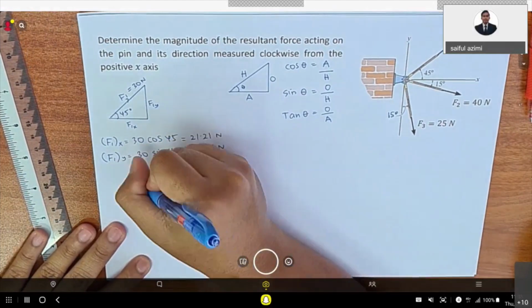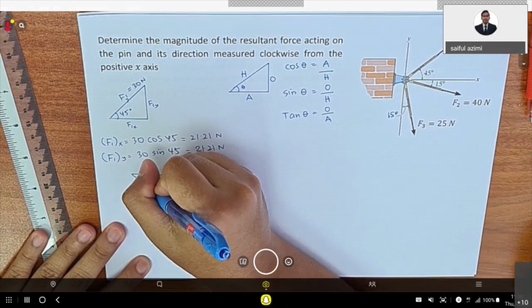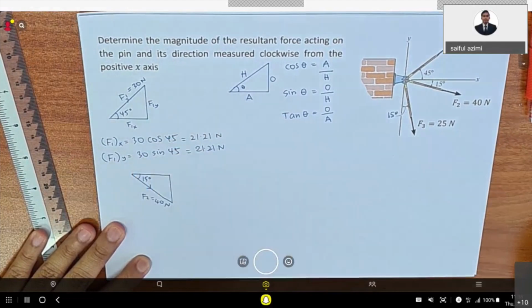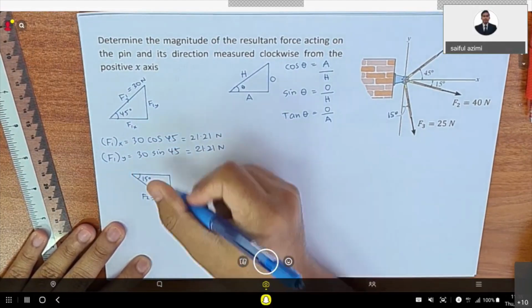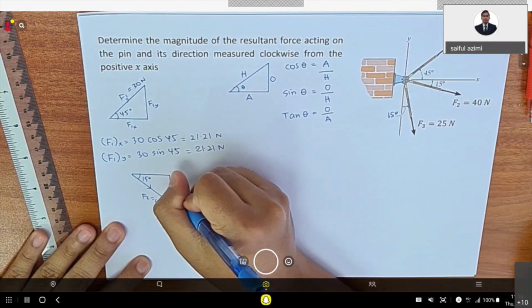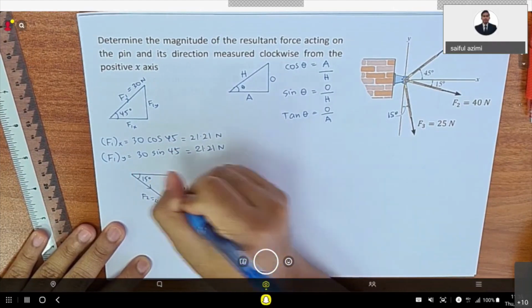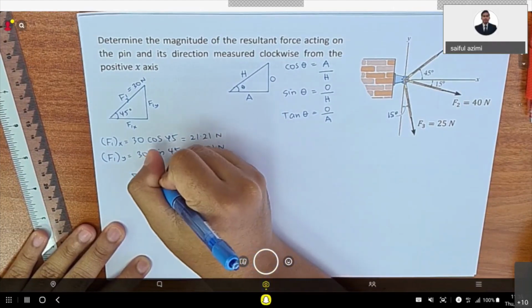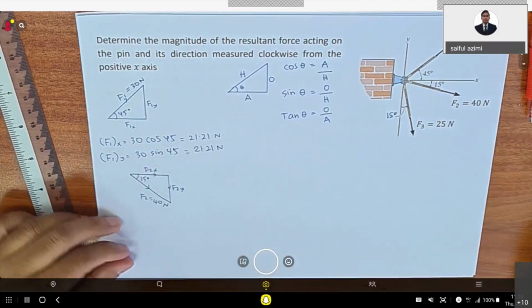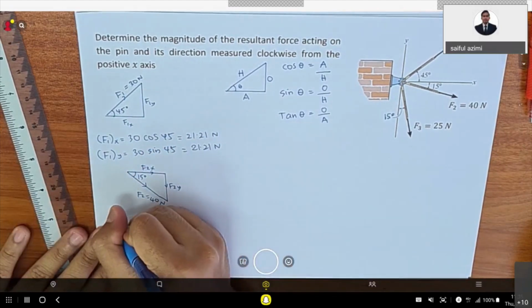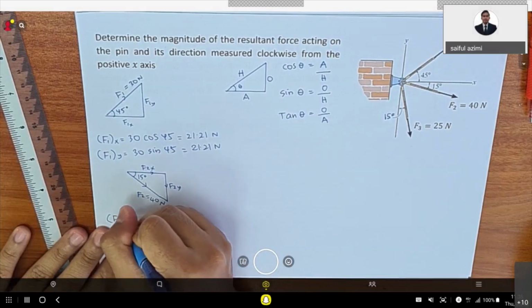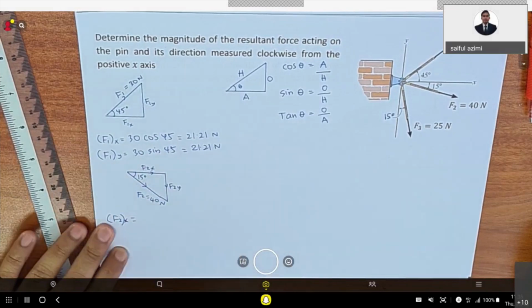So the angle here is 15 degree. So this is actually the F2y and this is F2x. So can you tell me how to find F2x? What is the value of F2x?